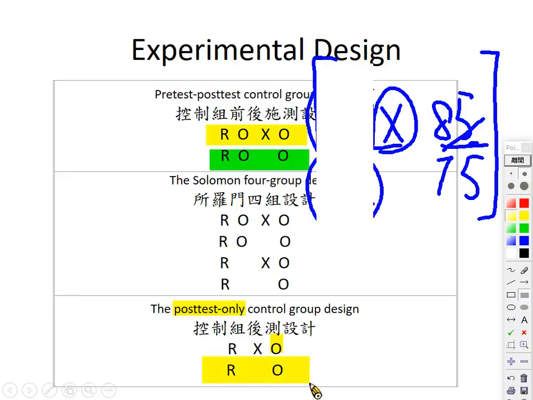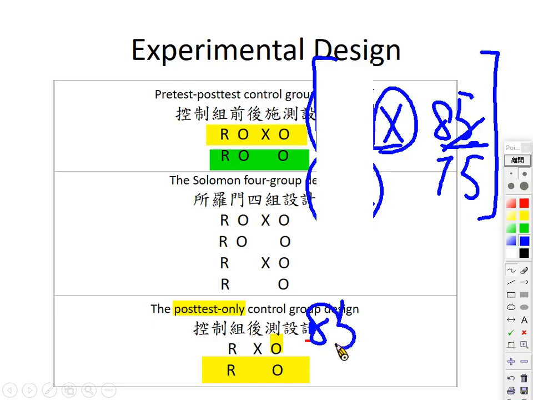What is good about this one? We do not have a pre-test. And both groups are equal. So the difference in post-test should be identifiable to understand the effectiveness of the treatment. For example, if we get 85 here, this is 85.